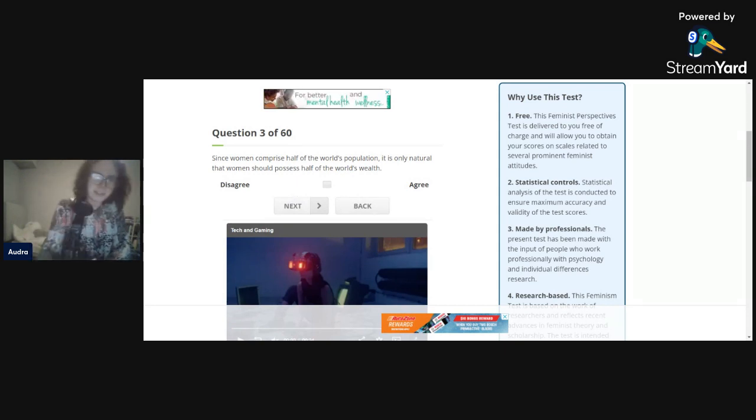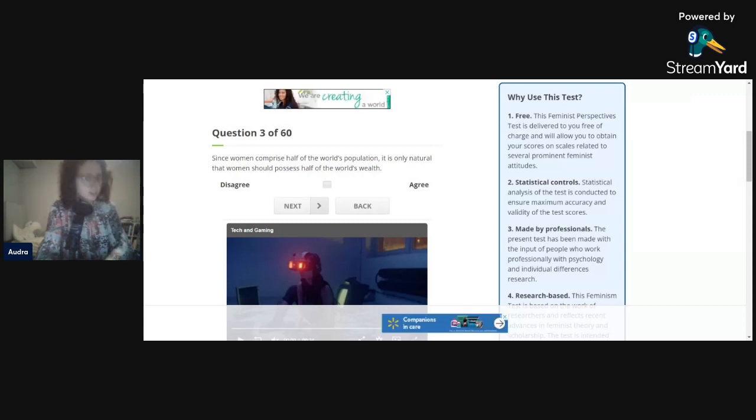Since women comprise half of the world's population, it is only natural that women should possess half of the world's wealth. Okay, that's a strange question. I don't even know what it's quite getting at. If you disagree with that, then I guess you would say that women should have more wealth.